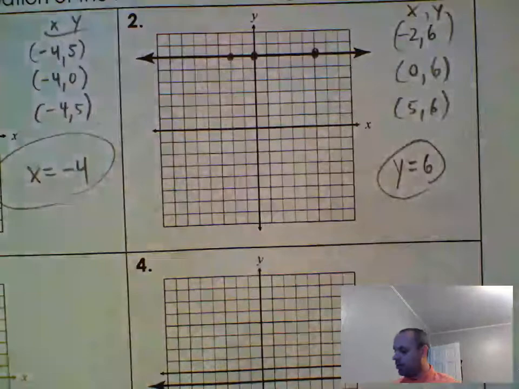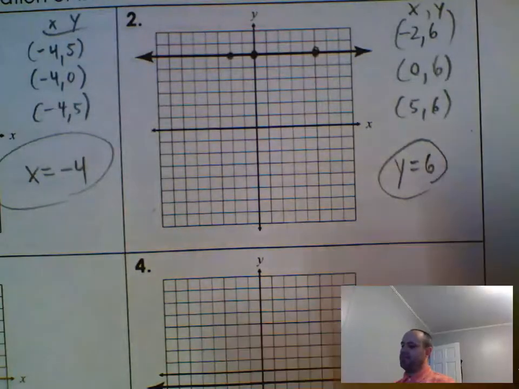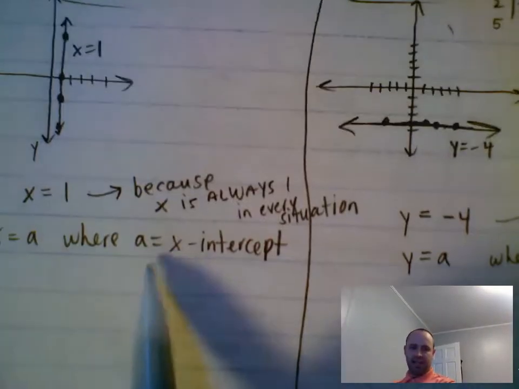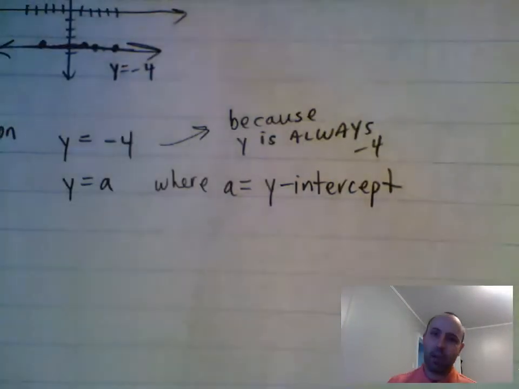Okay, now, the way they also want you to know, based on the notes, is this idea that's kind of confusing, but this part of the notes where it says where a equals the x-intercept, and over here where a equals the y-intercept. Let me try to break that down in a way that makes more sense, okay?